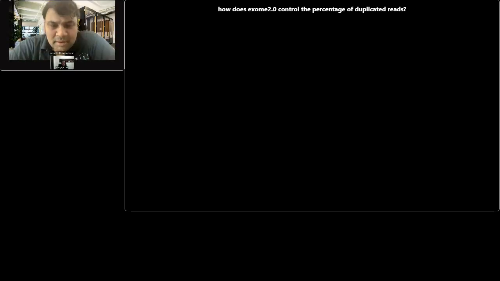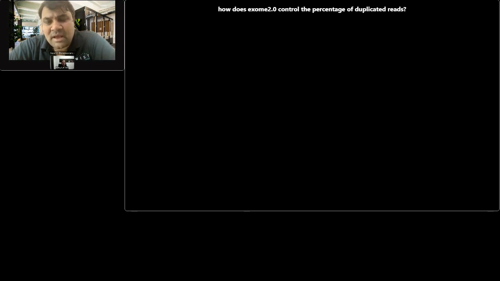Next question. How does Exome 2.0 control the percentage of duplicated reads? So essentially, it's not just one single thing that restricts the duplication rates.